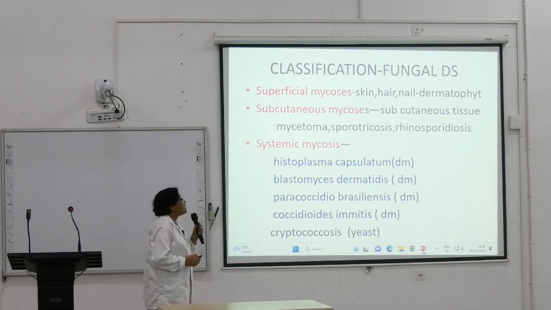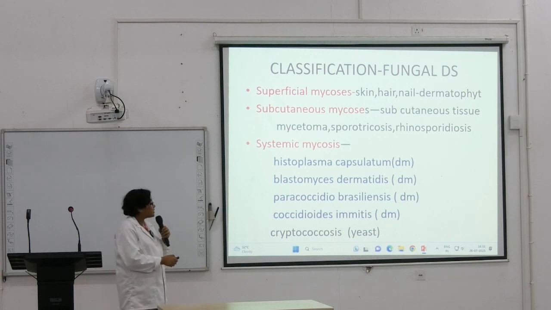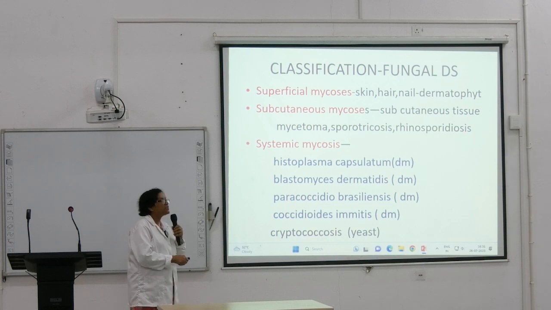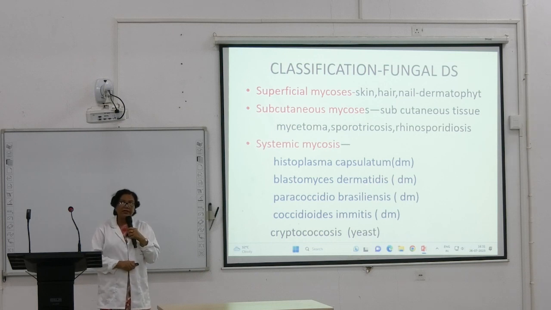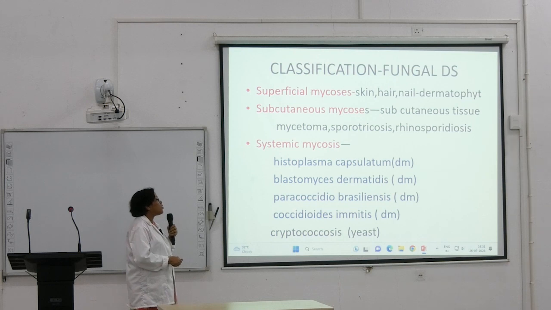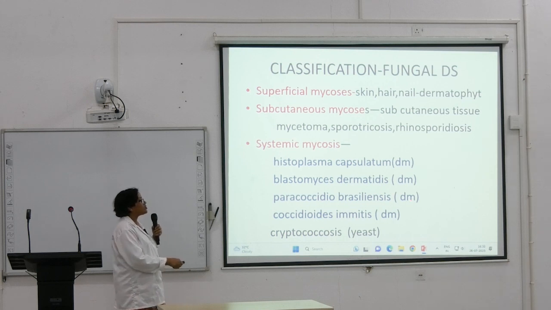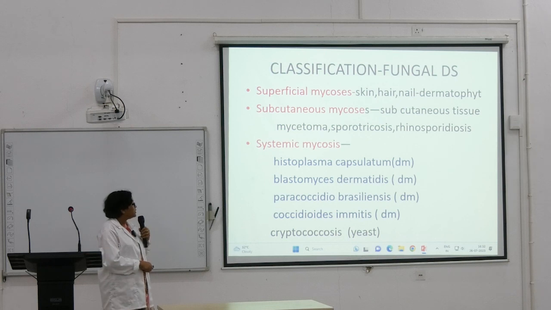So if asked, name some dimorphic fungi which cause systemic disease, that is Histoplasma capsulatum, Blastomyces dermatitidis. As space was short, I have omitted so many letters. Paracoccidioides brasiliensis, Coccidioides immitis. Here Cryptococcus is not a dimorphic fungus, but it is a yeast, but it causes systemic mycosis also.